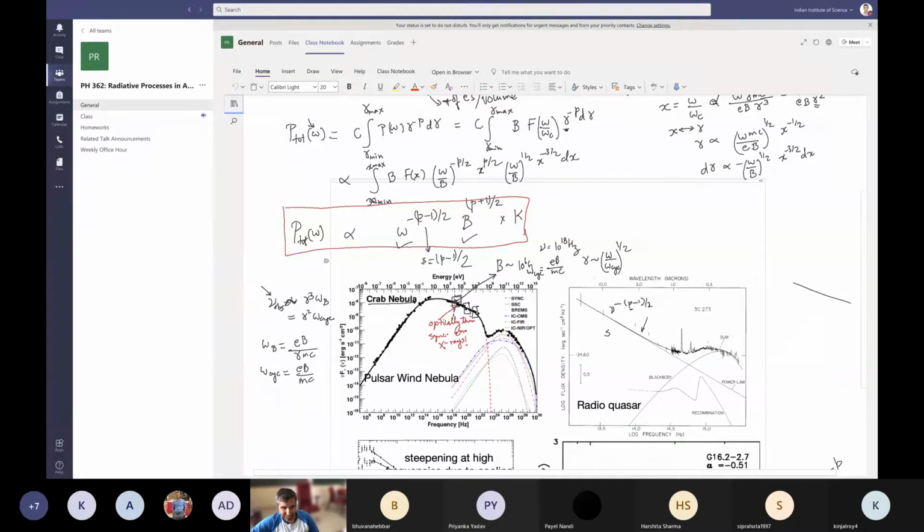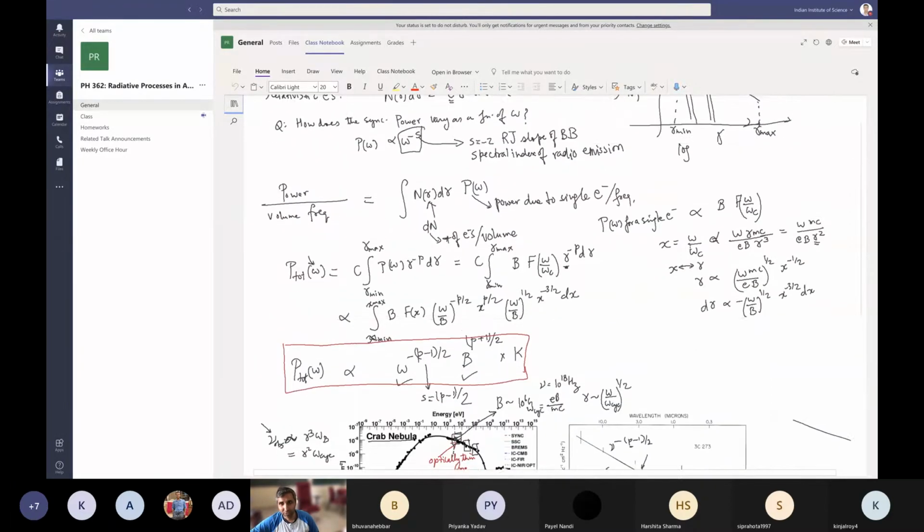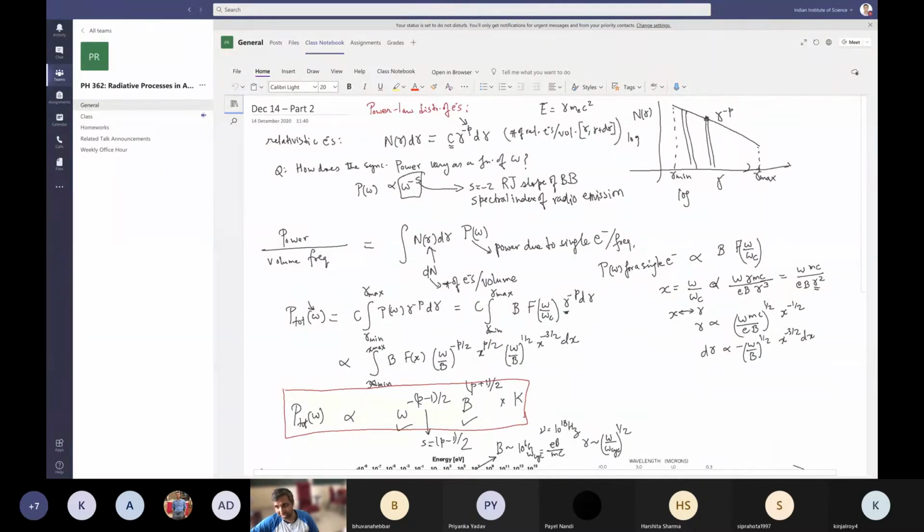Once you know the spectral index, you get how the electrons are distributed in gamma. So from this observation, you can get a sense of how the electron number varies as a function of electron energy for these relativistic electrons, which is very powerful, because this is an observable, and this is a physical quantity.